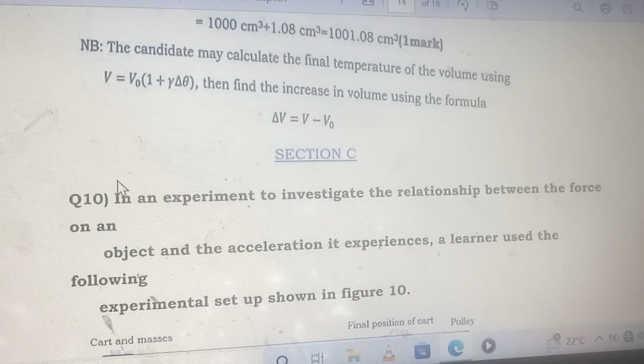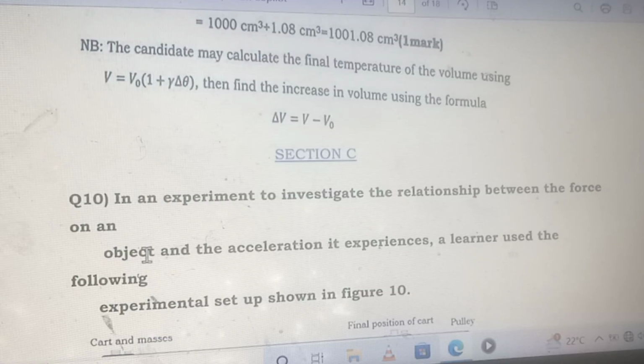In 2024, a plot of pressure against heat. In 2021, a plot of temperature against time. Make sure that you know how to plot a graph well.